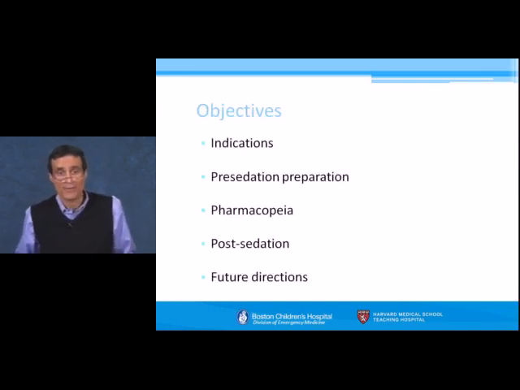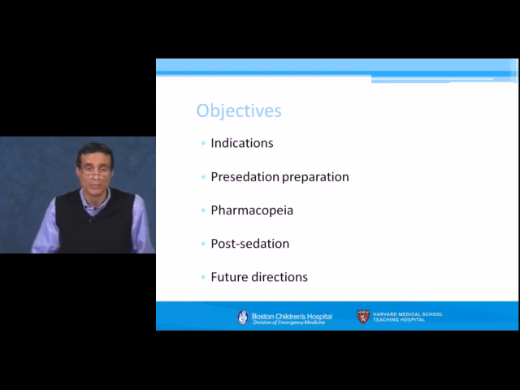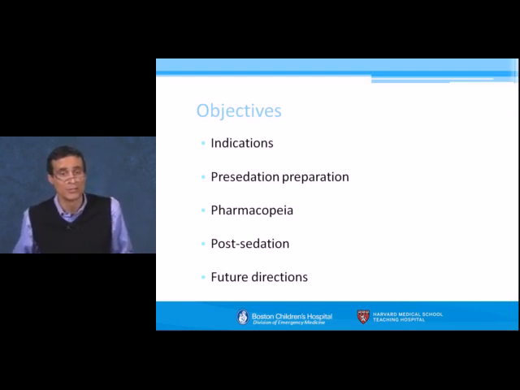There are 5 areas that we're going to cover today. Indications, that is, we'll review the most common to the least common procedures that procedural sedation is used for. The pre-sedation preparation, where we'll do a risk assessment and try to determine which patients are at high risk for sedation and which patients are at low risk for adverse events from sedation.